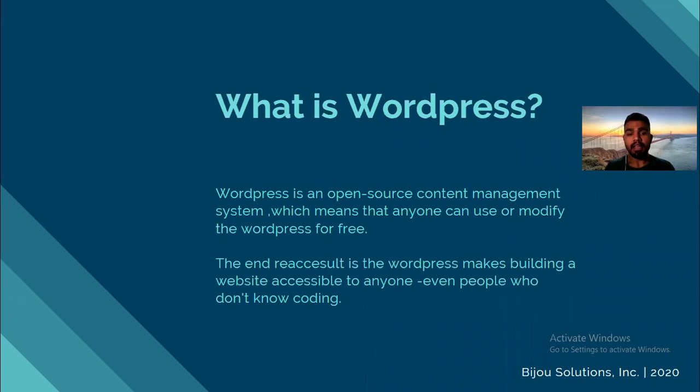The end result is that WordPress makes building a website accessible to anyone, even people who don't know coding. In the starting also, I told you that you don't need a coding background. You just need the ideas. I just want from you that you are really curious to learn new things. That's what I need from you. Of course, the system as well.